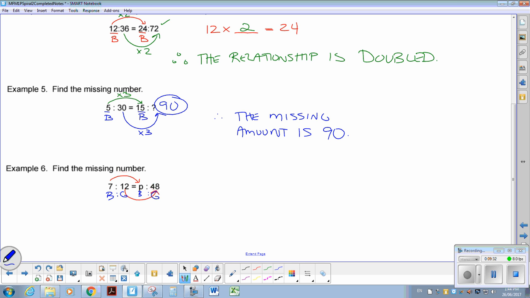So 12 times, if you work it out, 12 times 4 gives me 48. Well, I have to do the same to the other term. So I'm going to multiply it by 4. So that means, therefore, 4 times 7, the value of P is 28.